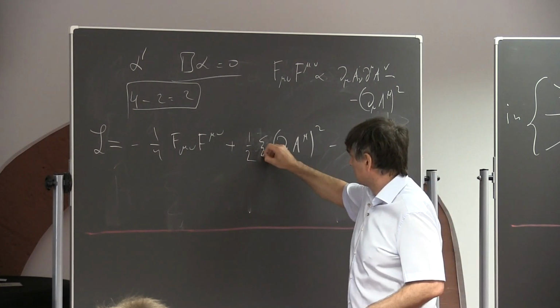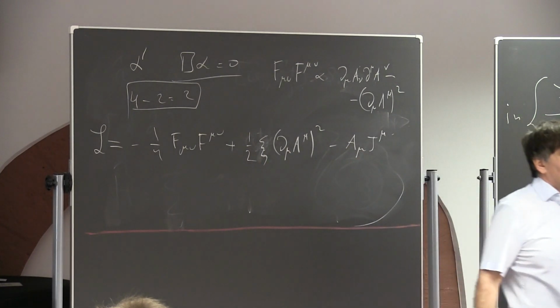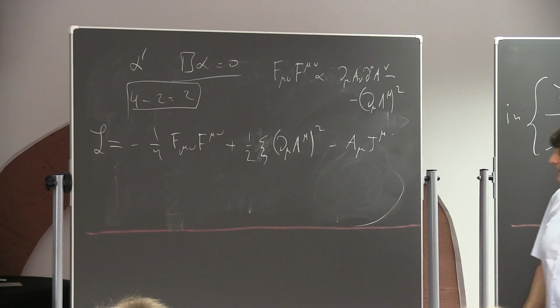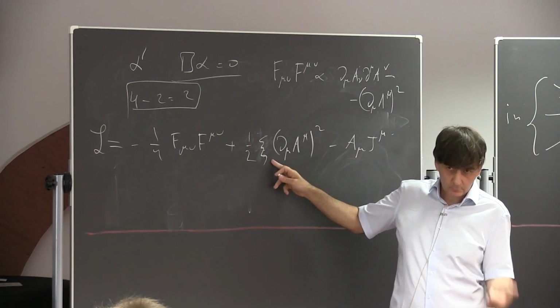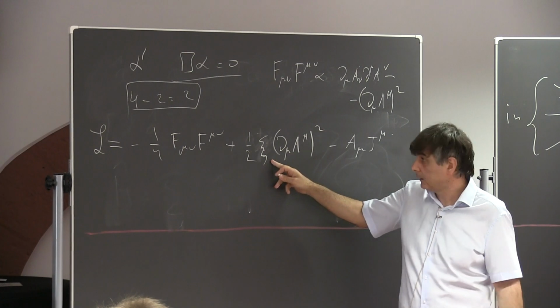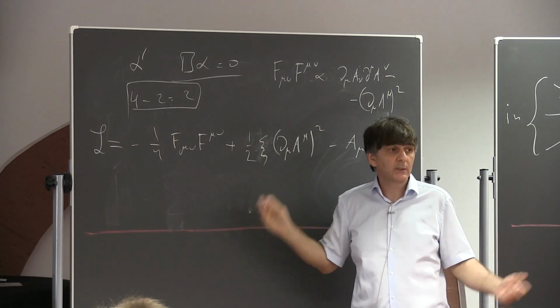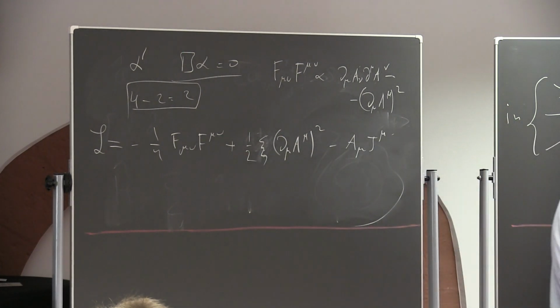So this is psi, sorry for my psi, okay? And so we want to understand if the limit is smooth, first thing. And secondly, we want to understand what this theory with psi non-zero describes. What does it describe, okay?